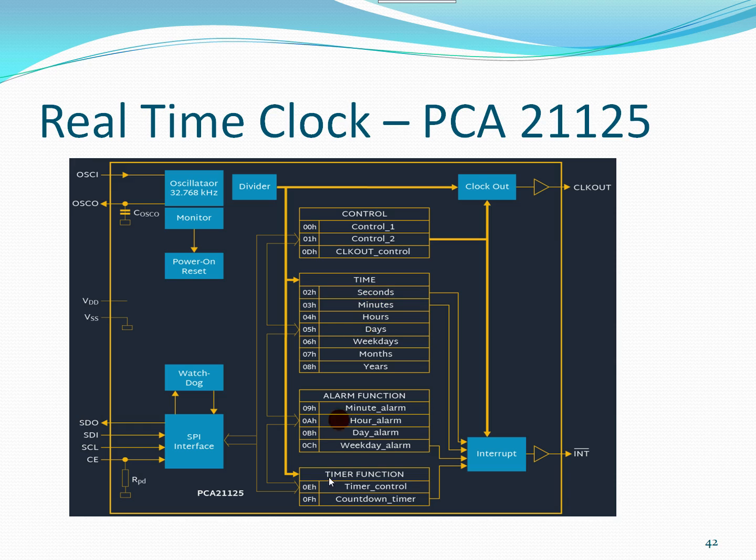The alarm functions can also be declared, and they are declared inside the memory: minute alarm, hour alarm, day alarm, and weekday alarm. Depending upon the situation that has arisen, those kinds of alarms can be generated, and that alarm will be given to the interrupt module of this IC, so the interrupt will be generated.